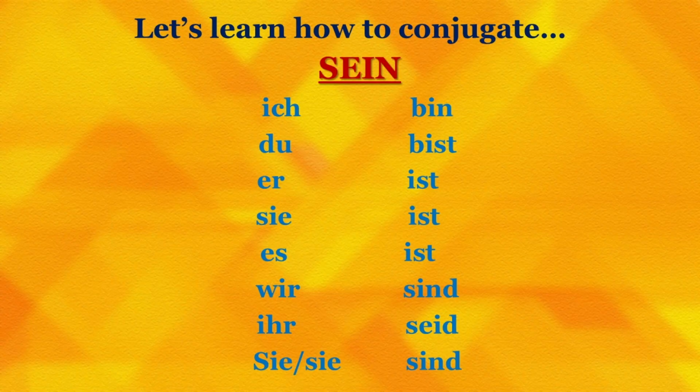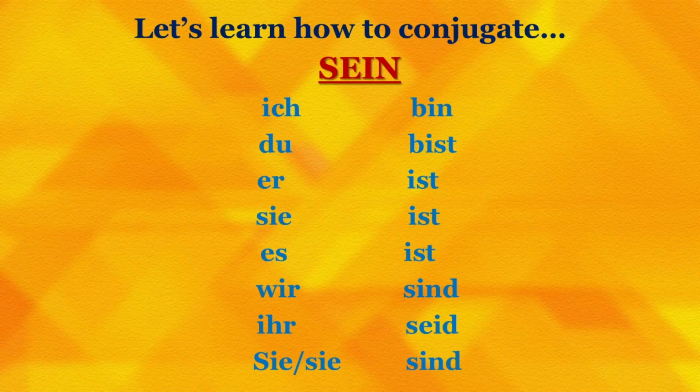Dear friends, let us see the first verb that we have here, that is sein. Well, we have been using this verb a lot of times when we formulate sentences like Ich bin Prashali, Ich bin 10 Jahre alt and so on. Sein means to be and its conjugation goes as Ich bin, du bist, er ist, sie ist, es ist, wir sind, ihr seid, sie formal you singular, formal you plural and sie with small s, they.